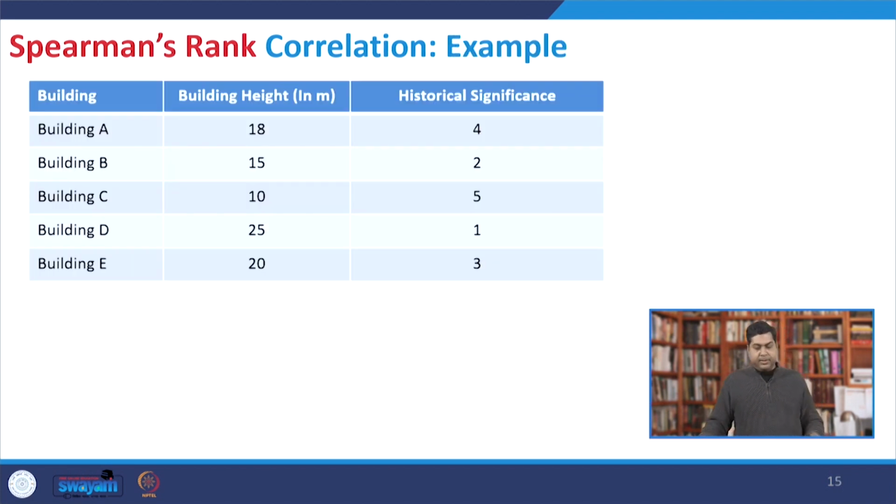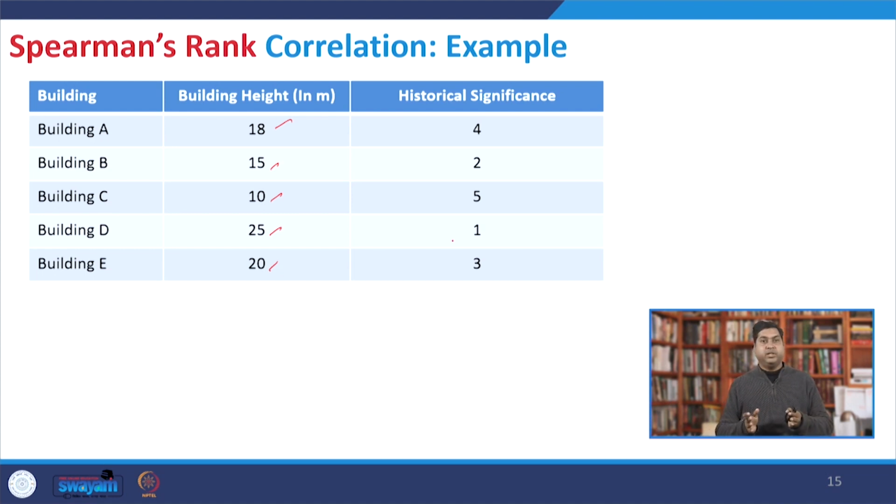Let us understand. In this case I picked up an architectural example. There are 5 buildings, building A, B, C, D and E, and we measure the height: for building A it is 18 meters, then 15 meters, 10 meters, 25 meters, 20 meters. And then we also give some sort of historical significance ranking.